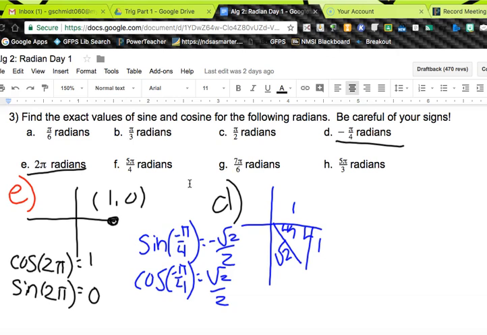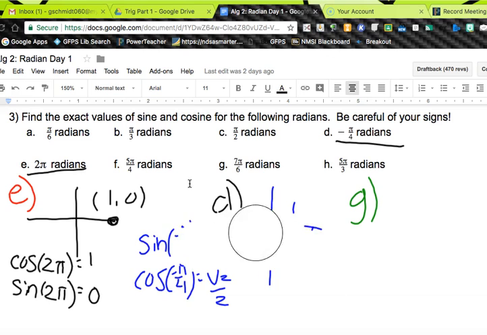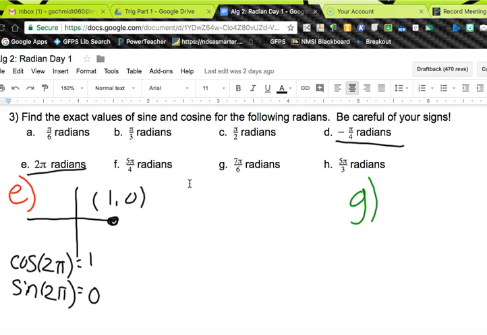Let's do G. This will be the last one we do together. So G is 7 pi over 6. When you have a number on top and bottom, look to see what your base angle is.